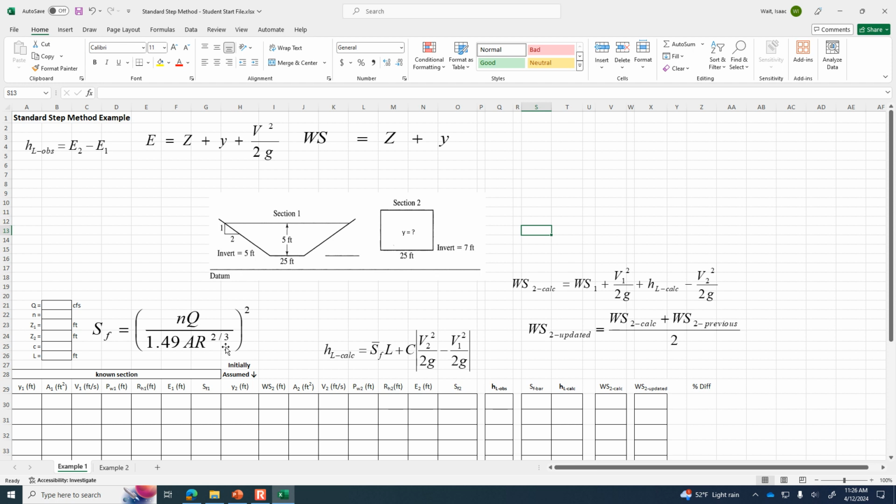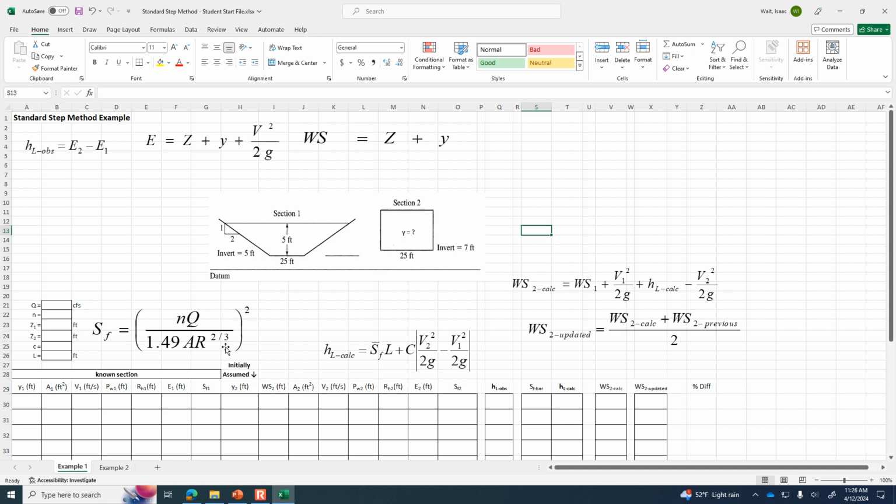And so each row meant like this is a row, that is a row, that is a row, this is a row. Here, each row doesn't mean different segments of the flow. We're only going from one spot to the other. Each row means a different guess.